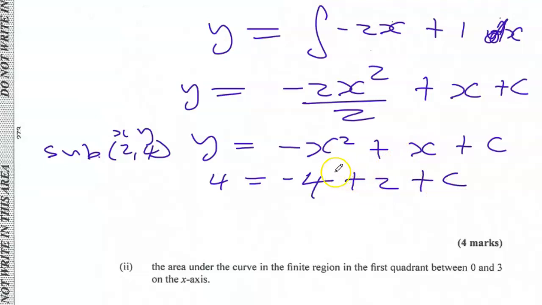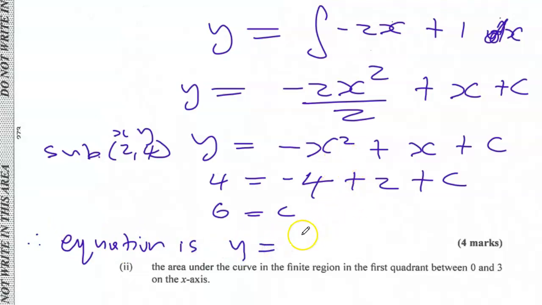If we do some transposing here, c would be equal to 4 plus 4 minus 2, that's 6, so c would be equal to 6. Therefore, the equation of the curve is y equals minus x squared plus x plus 6.